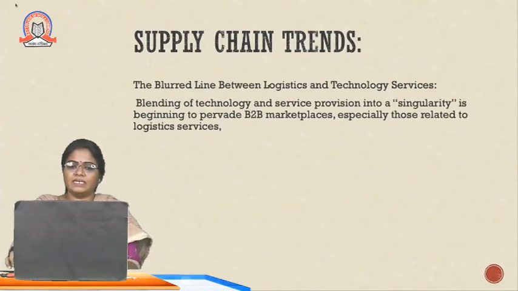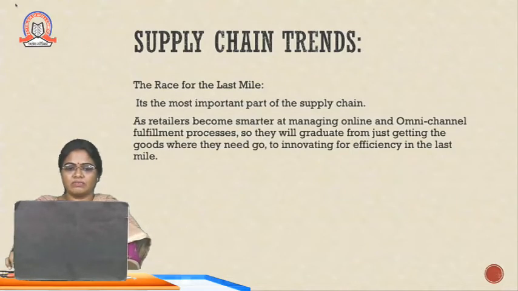The blurred line between logistics and technology services is the blending of technology and service provision into a singularity, which is beginning to pervade business to business marketplaces, especially those related to logistics service.